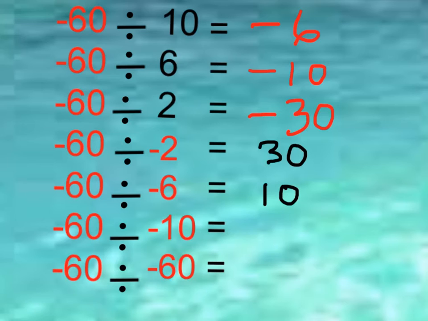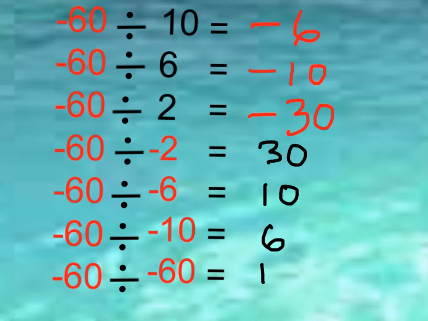The next one, it has to be a positive 6. 6 times negative 10 equals negative 60. And the last one, positive 1 times negative 60 equals negative 60. So thus we can conclude that anytime we divide a negative by a negative, the answer will always be positive.